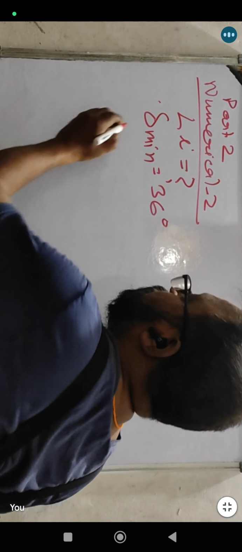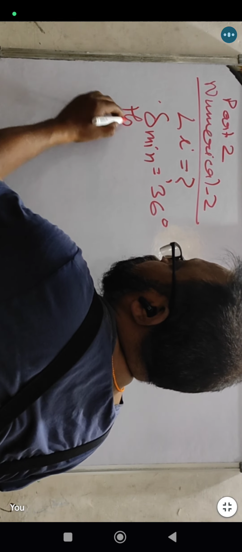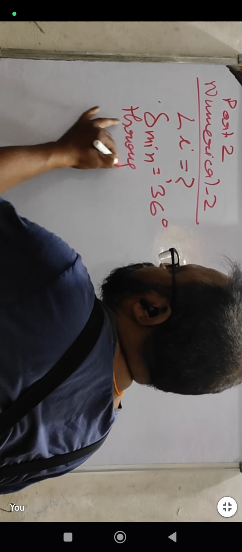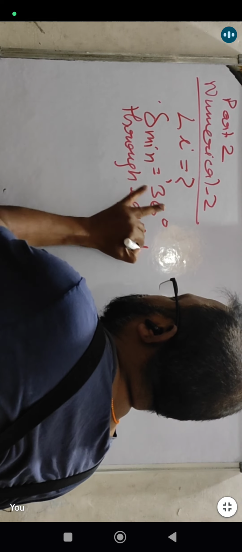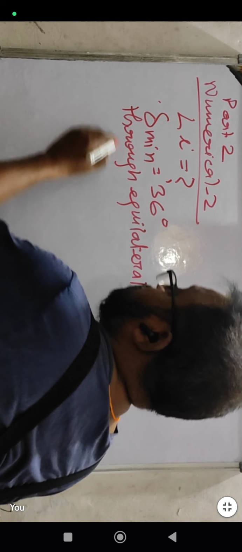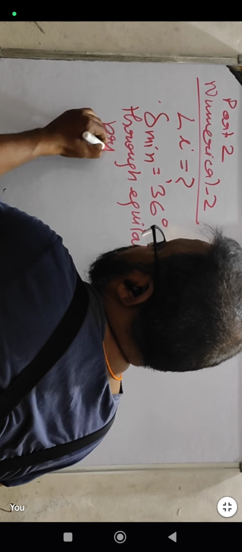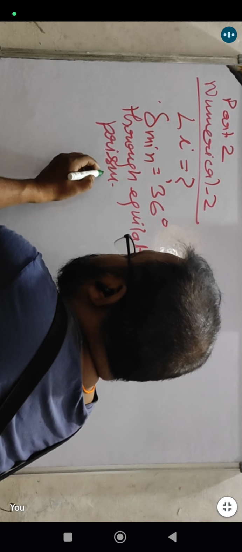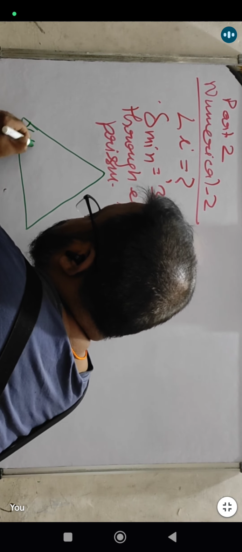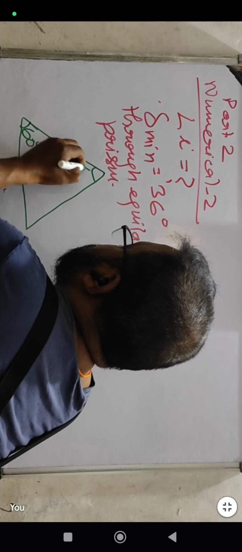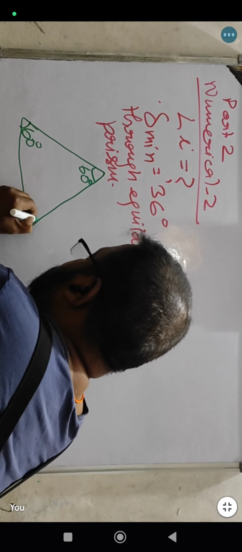Through an equilateral prism, right? So in an equilateral prism all interior angles are 60 degree, right?